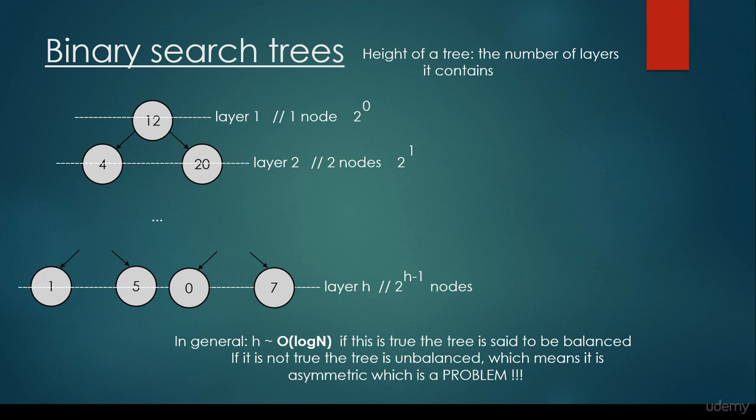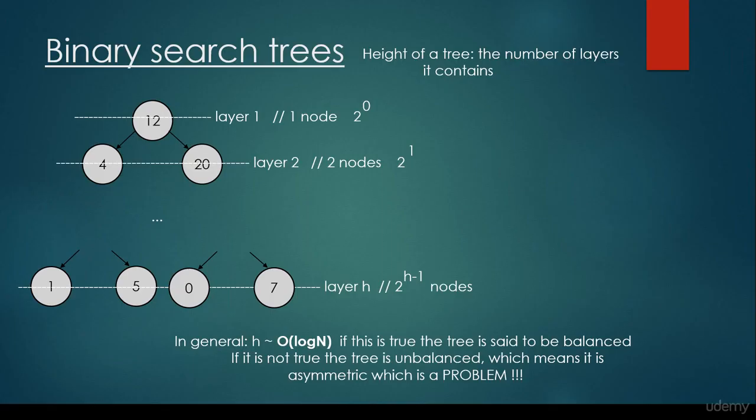In general, this h is going to be proportional to O(log n), so the logarithm of n. If this is true, then the tree is said to be balanced. If this is not true, then the tree is unbalanced, which means that it is asymmetric, which is a problem.